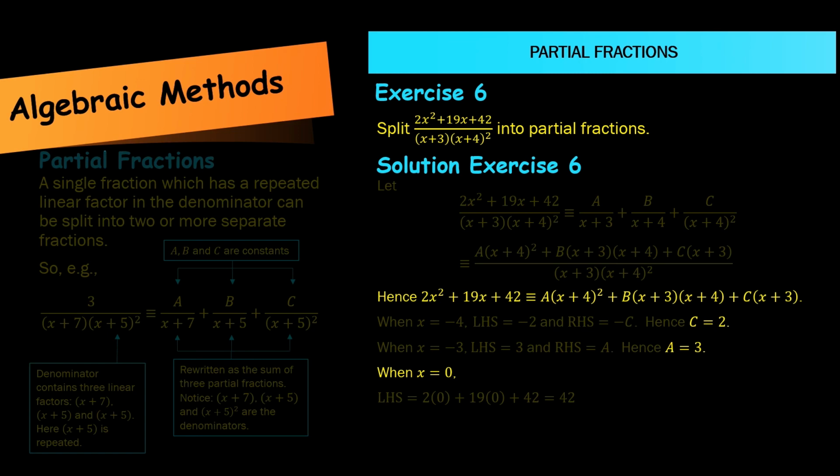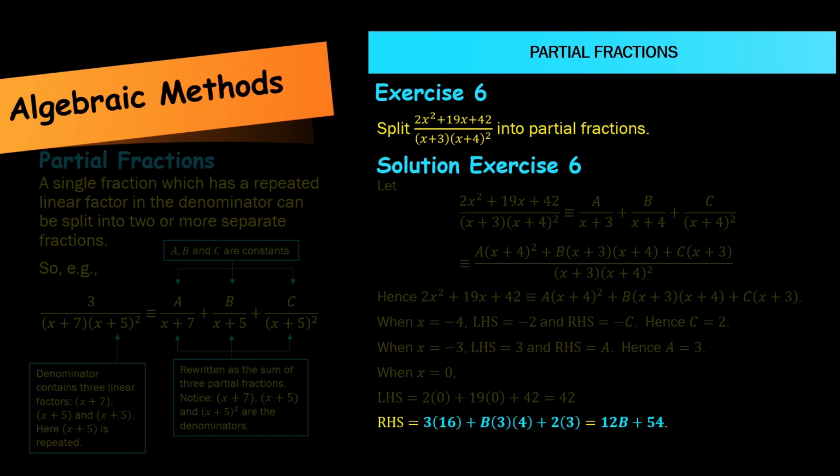When x equals 0, on the right-hand side, we can plug in a equals 3, c equals 2, and x equals 0 to give us 3 times 16 plus b times 3 times 4 plus 2 times 3, which once tidied up is equal to 12b plus 54.